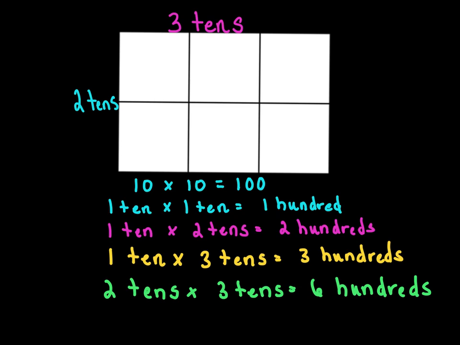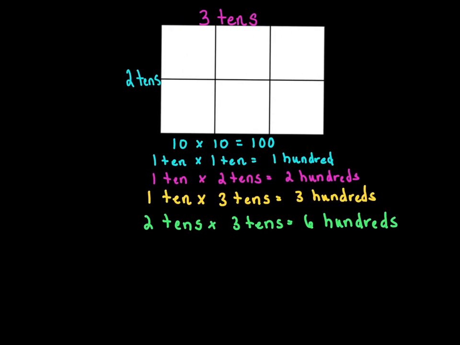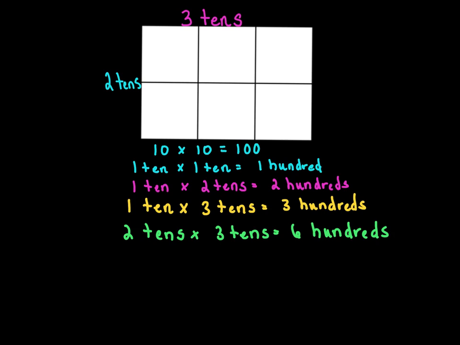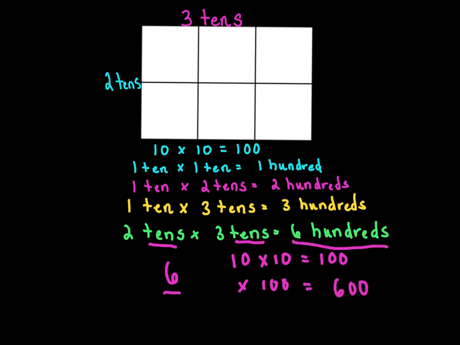Now if we look at this carefully, we're going to see we can multiply this to understand. 2 times 3, we have 6. 10 times 10, remember, is 100. So 6 times 100 is going to equal 600, just like it says here, 6 hundreds.